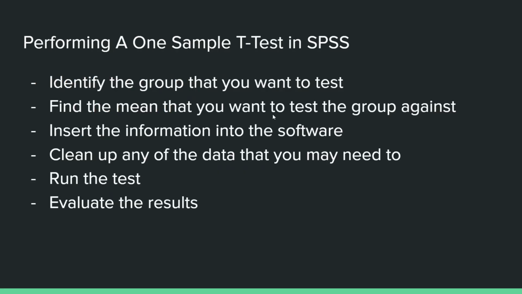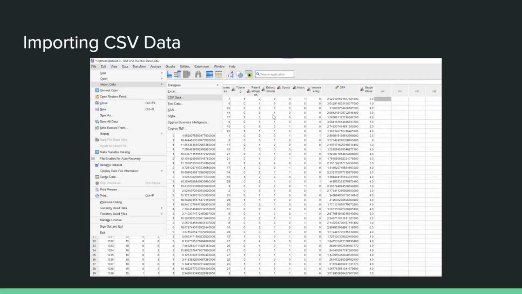So now going on to importing CSV data. Importing data is very important in SPSS as it allows you to use any kind of database that you want and easily put it into SPSS itself.